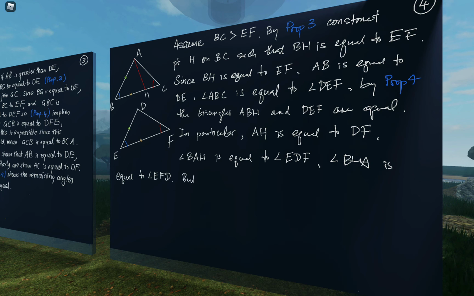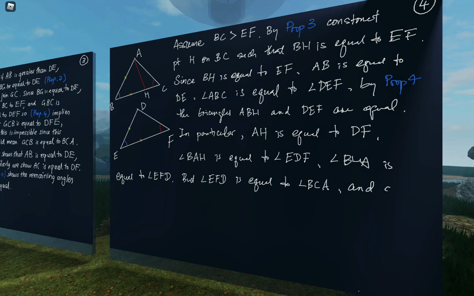Okay, but angle EFD is equal to BCA. Why is that? EFD is the one that's marked red, angle BCA is the one that's marked red. So that's by assumption, we assumed that these were equal to start with, and we're going to derive a contradiction from this.